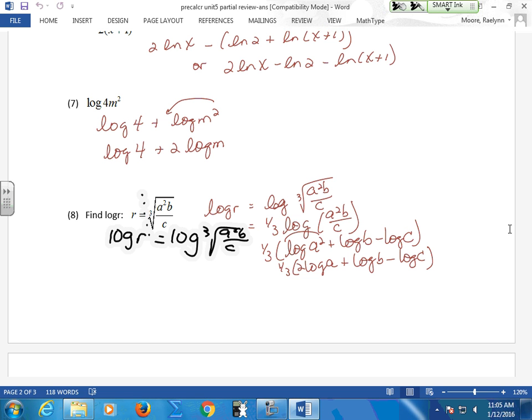This is the root rule. And a cube root makes you have an exponent of what? 1/3. Okay, a square root gives you what exponent? 1/2. A fourth root, 1/4.